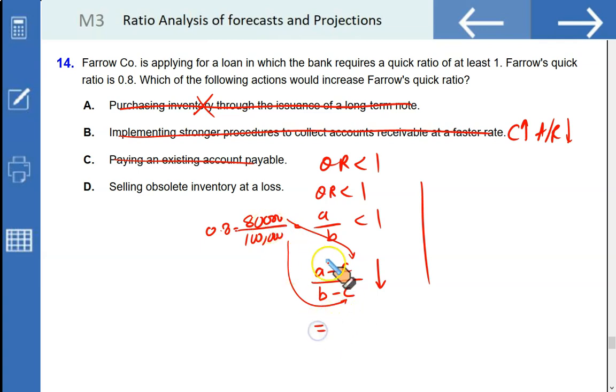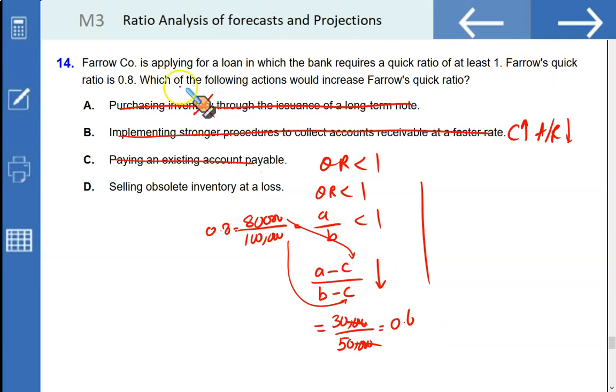So the new numerator will be 80 less 50, 30, and 100 less 50 will give you 50,000 as the new denominator. So see what happens here: 0.6. So your quick ratio has fallen. So this is not going to work.